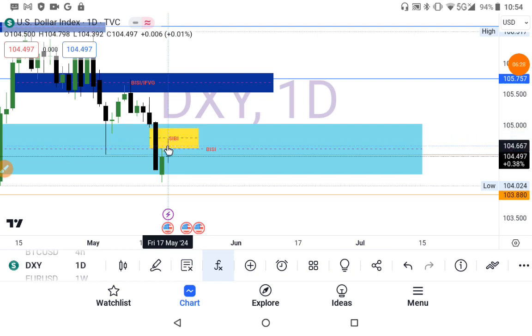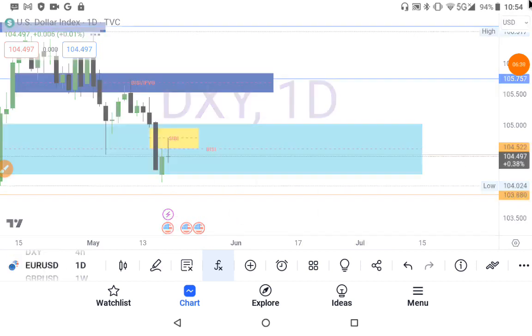Then it started dropping. So I expect a further drop on the dollar index. Case closed. Let's move into our Euro USD.